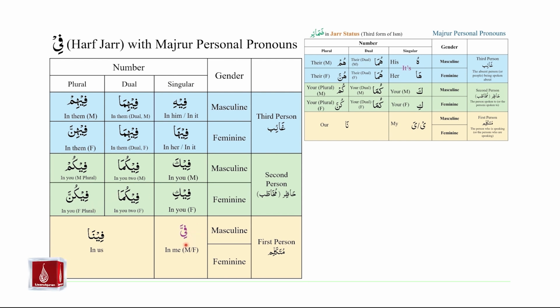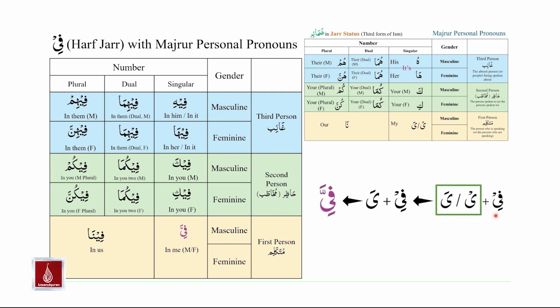Fiya, in me, and this is for both masculine and feminine gender. Please note that in this case, the ya with sukoon on it of fi is coming next to another ya. So we have fi with ya with zabar on it, which becomes fiya, and the two ya together is indicated by the shad on fiya.